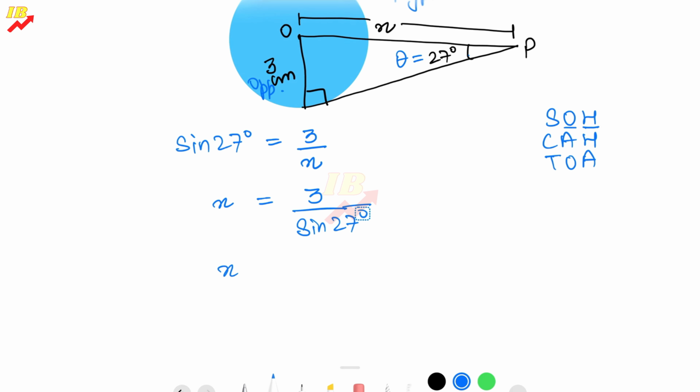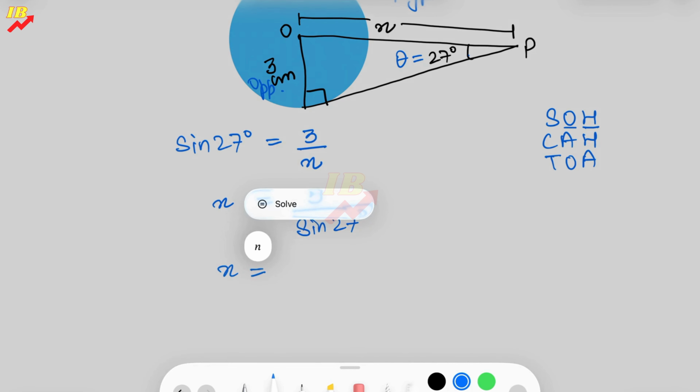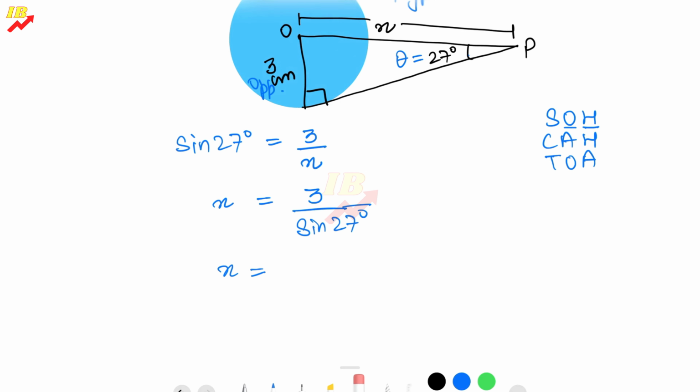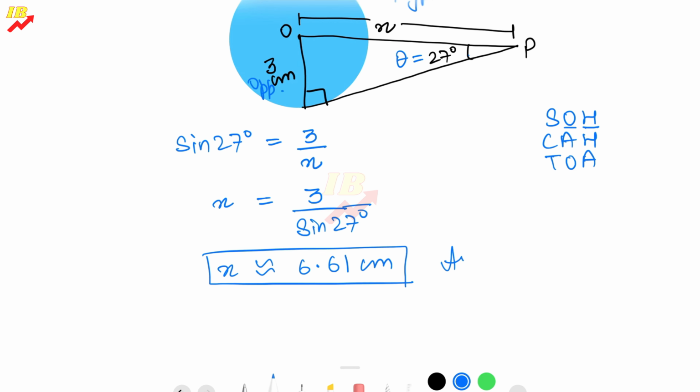If you plug it in your calculator, that is going to give you an approximate answer. I told you to mark the approximation sign here, and the answer is 6.61 centimeters. As the unit here is centimeters, you are going to mark the same unit here. So that is my answer.